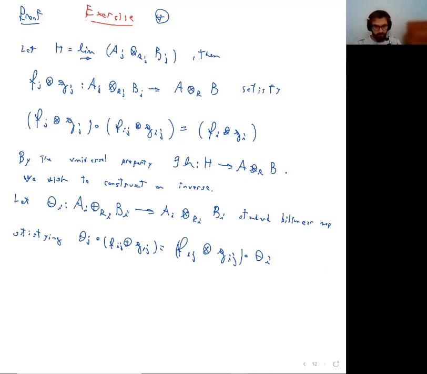Okay. And now again, this is a map from this directed system to this directed system.